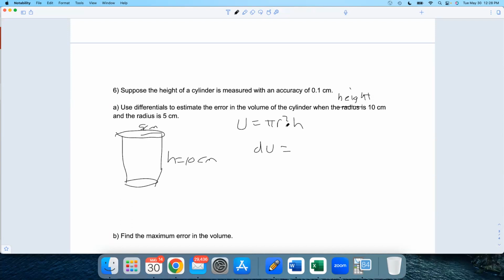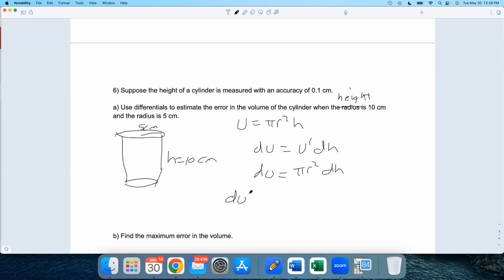The derivative of this, so I'll put here v prime times dh, or dv is pi r squared dh. The derivative of a constant times h is just a constant. R is a constant for the purposes of this problem.